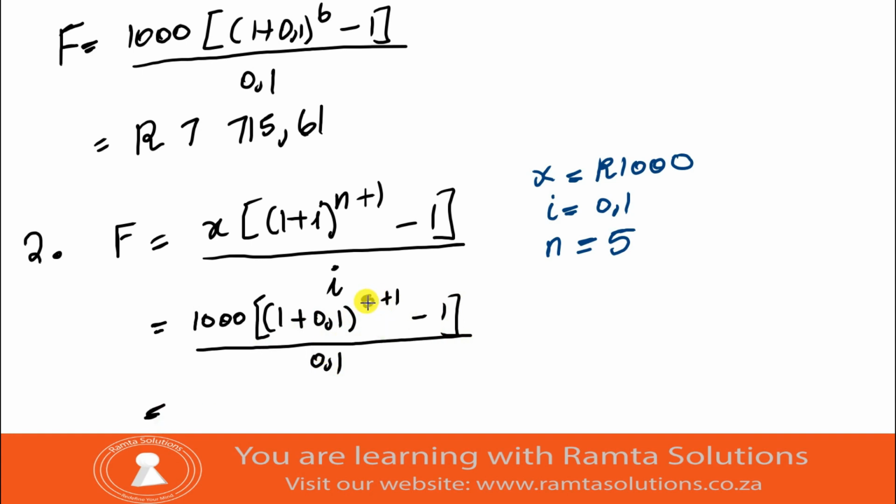Agree with me that power 5 plus 1 is similar to 6, right? We are still going to get 7,715 rands and 61 cents. It is the same thing.